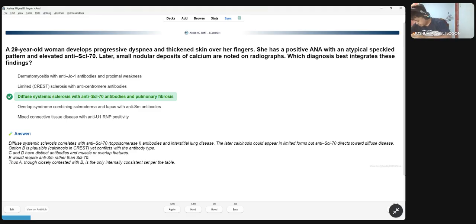Anti-Scl-70. Systemic sclerosis. Oh, got it. Systemic sclerosis. Compound pattern with speckling. Atypical speckled pattern, so compound pattern.